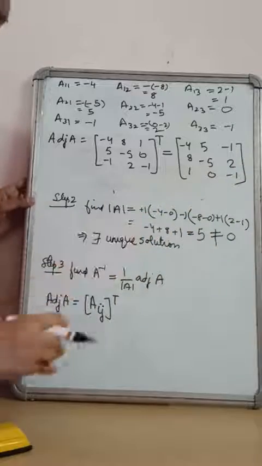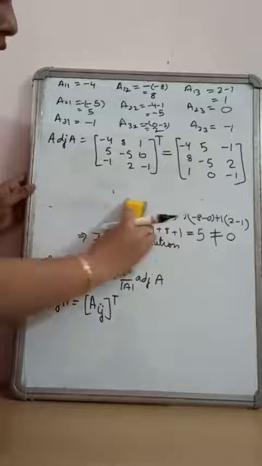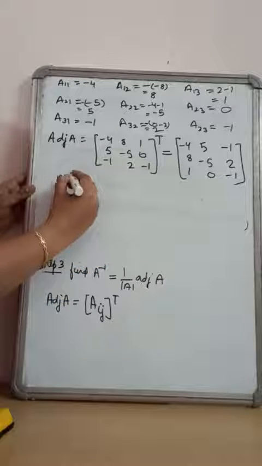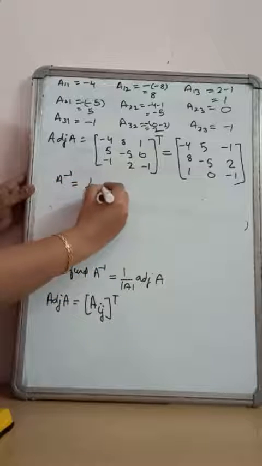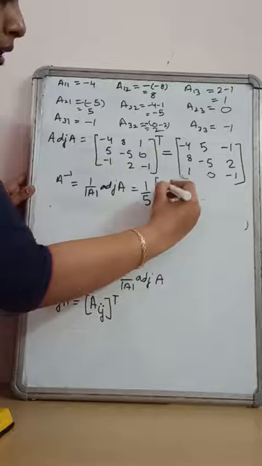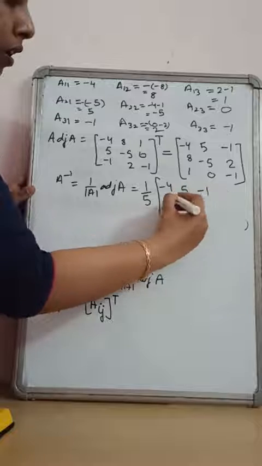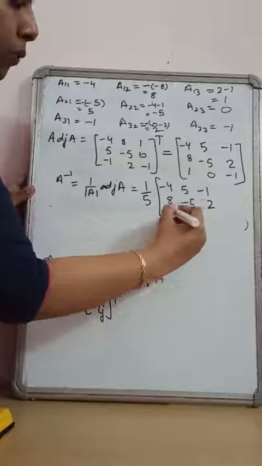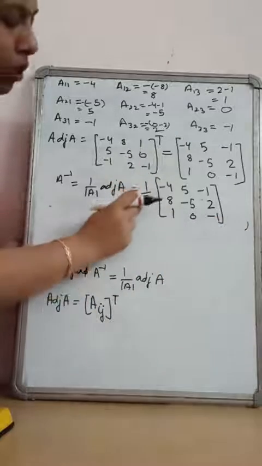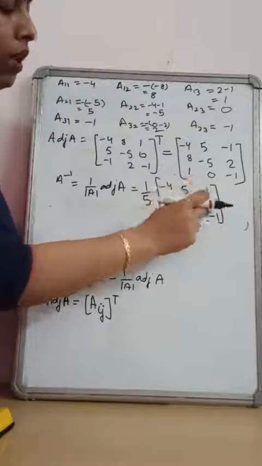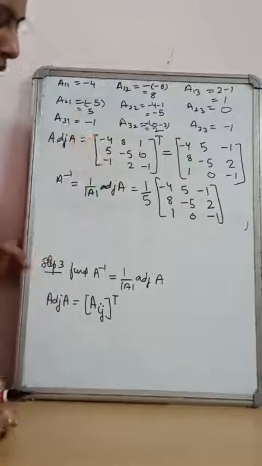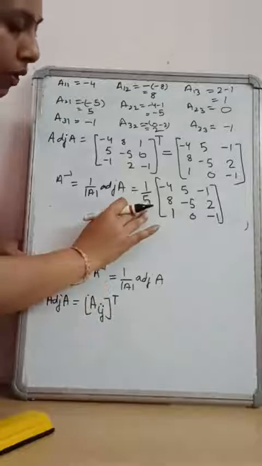This is adjoint A. And the next step, you will write A inverse. So A inverse is 1 upon determinant A, adjoint A. Determinant was 5, 1 upon 5, you make a matrix, -4 5 -1 8 -5 2 1 0 -1. At this step, make sure you do not divide 5 inside with every element. Leave it here as it is, otherwise it will complicate your calculation work. So leave it like this only.